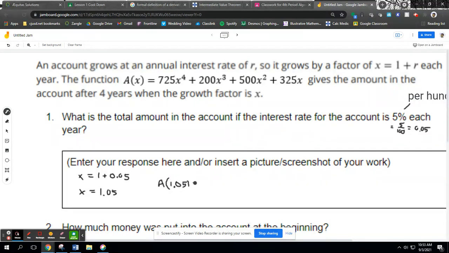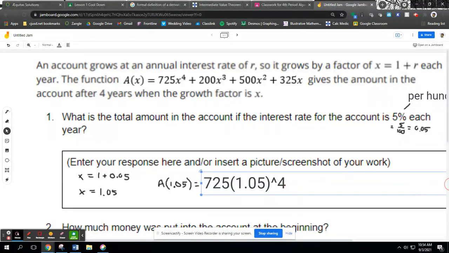is equal to, I'm just going to type this out so it goes a little faster. So we have 725, and x is now 1.05 to the fourth power, plus 200 times 1.05 to the third power.